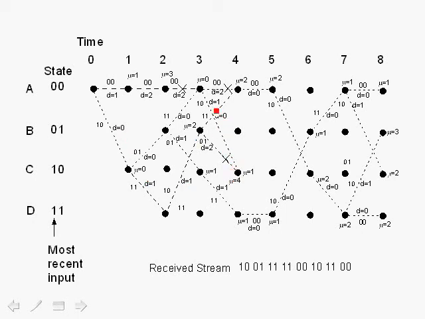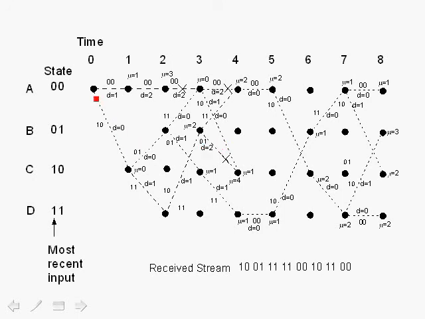And going through this path, we have d equals 0, 0, 0, 1, so the accumulated metric is equal to 1. This path has an accumulated metric equal to 4, so the surviving path is this path, and we eliminate this path. We continue this process going forward until you're left with a few remaining surviving paths.